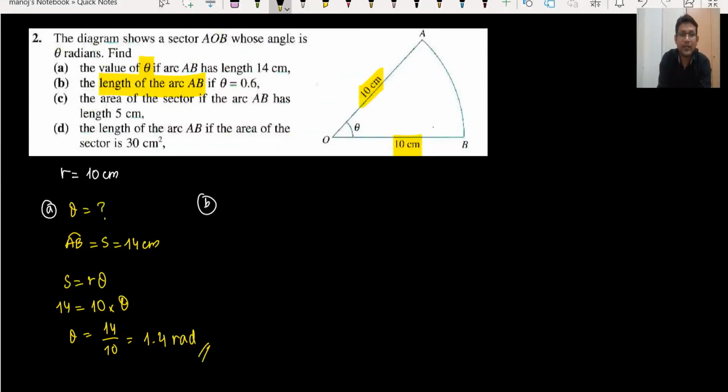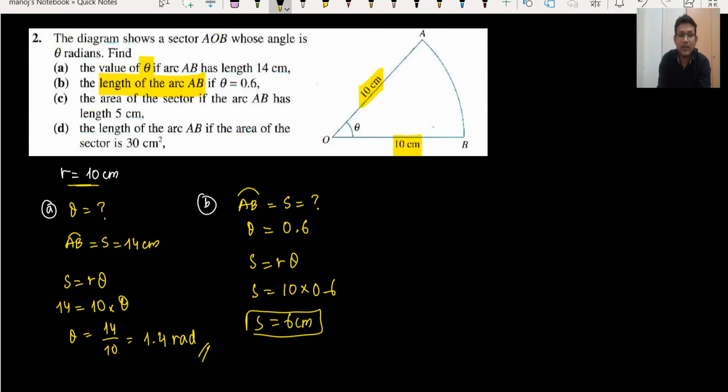Okay, so the AB arc is required, which is S, and theta for this particular part B is 0.6 radians. And remember one thing, that the radius is fixed for the whole question. So S equals R theta, R is 10, and multiplied by 0.6 is coming 6 centimeter. And we have done this part.